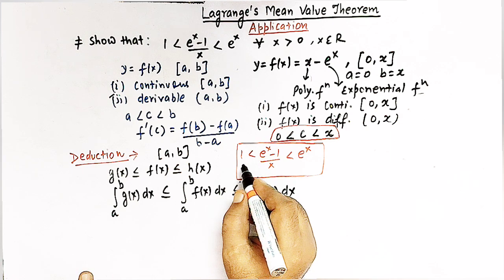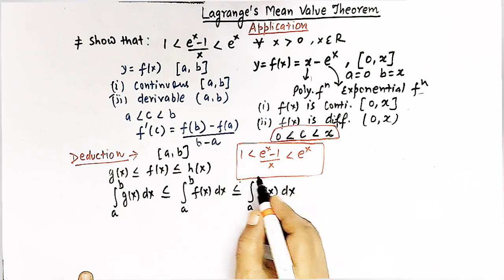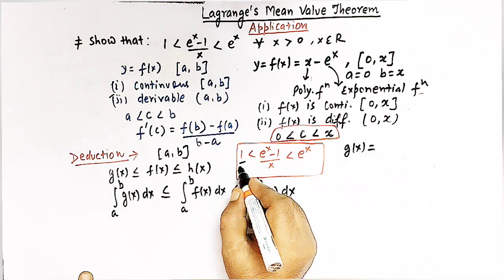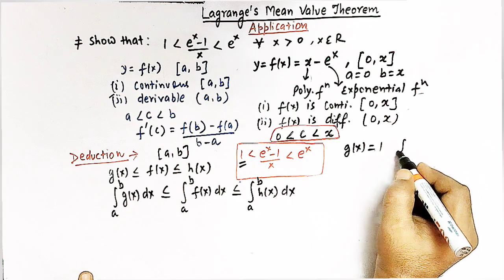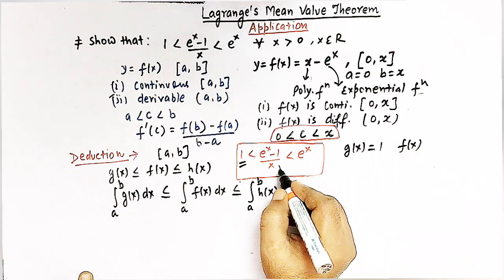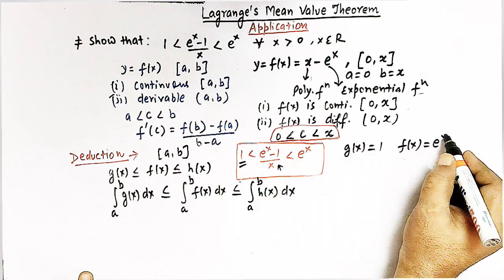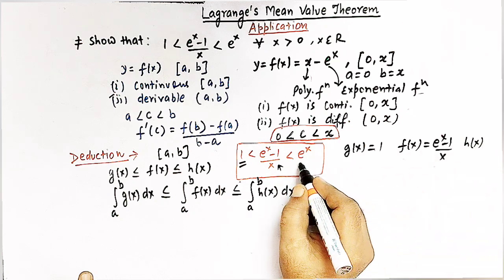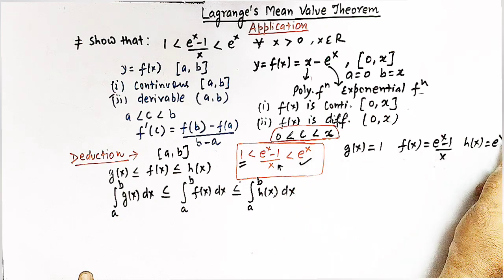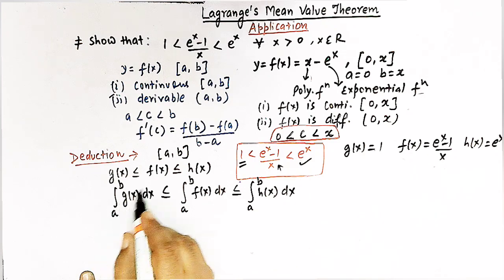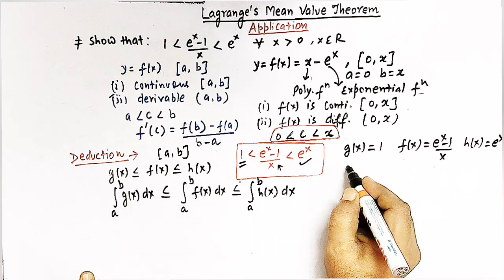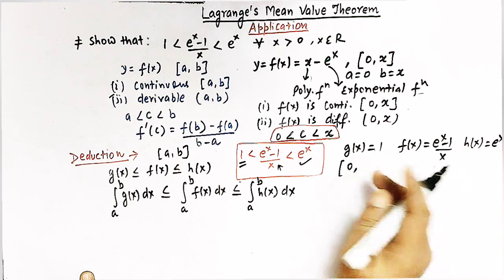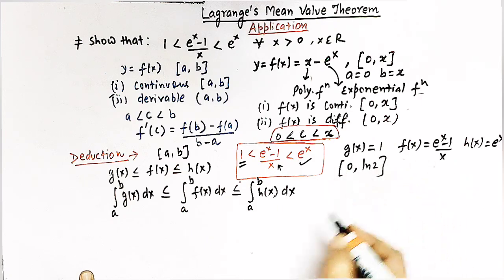So now here what we will do, we'll take the function g of x as 1 and f of x as this one, that is e raised to x minus 1 over x, and h of x as e raised to x, and the limits of integration, we are going to take up this interval, that is 0 to natural log 2.